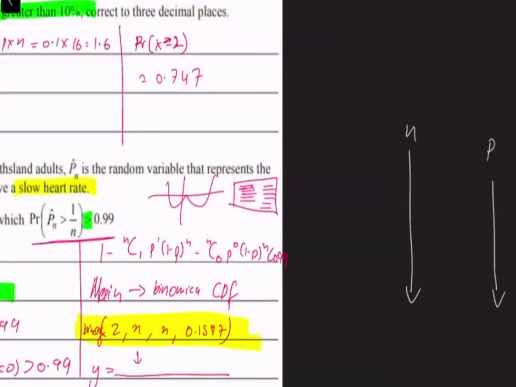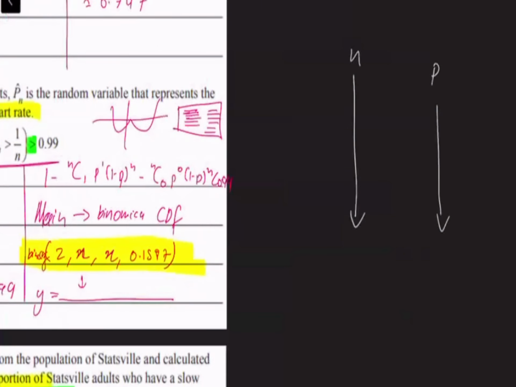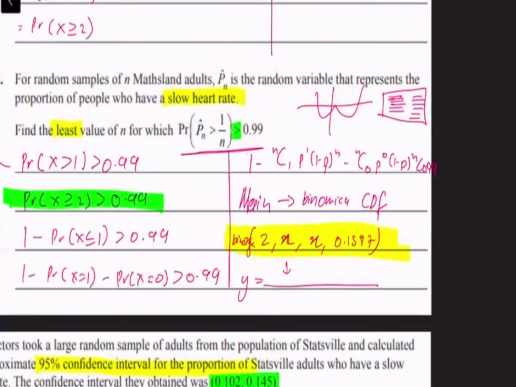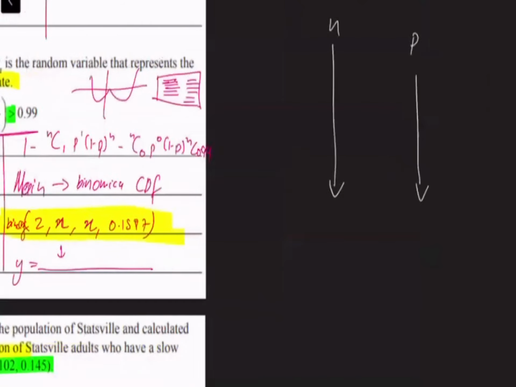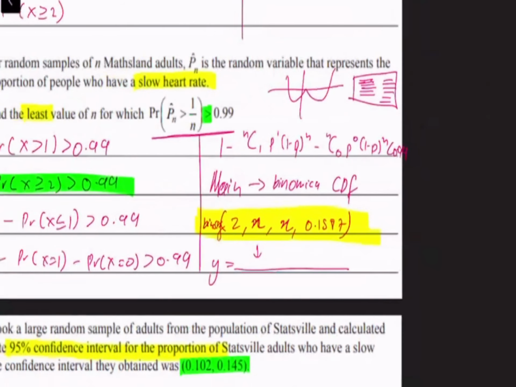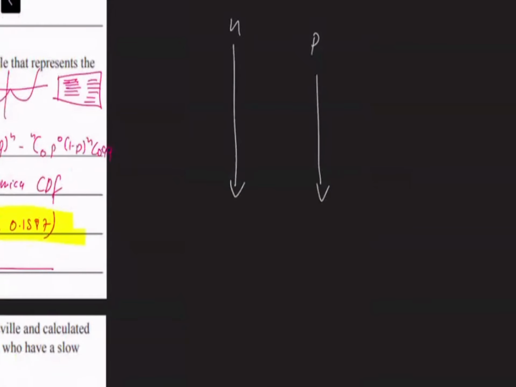Because it will treat n as x, which is a variable, and then it'll give you a probability value based on that. And for this particular question, all you do is look for the n value that's just greater than 0.99. So it'll have n is 1, n is 2, 3, 4, infinity, and it'll have infinite values here.